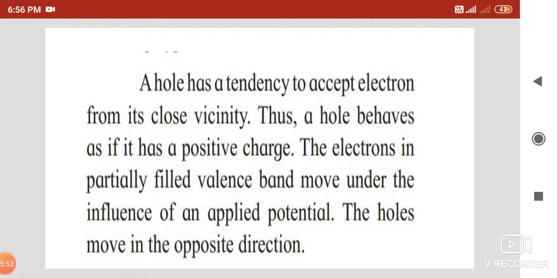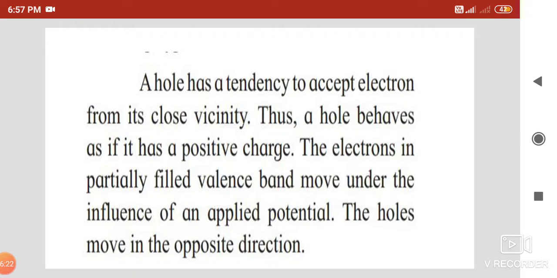Then a hole has a tendency to accept an electron from its close vicinity. Thus a hole behaves as if it has a positive charge. Nearby electrons come and are accepted by this hole. The electrons in the partially filled valence band move under the influence of applied potential.